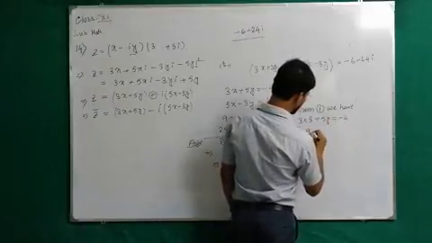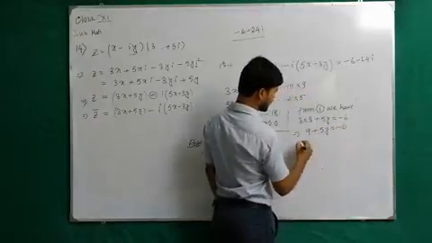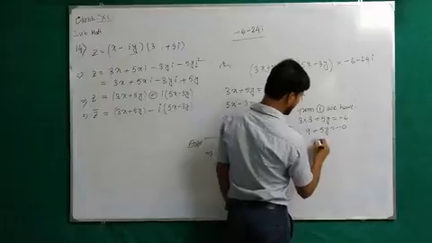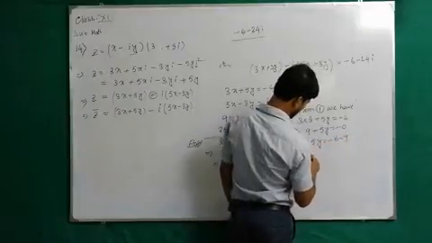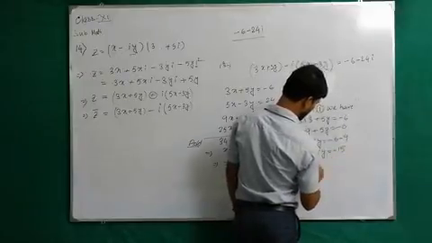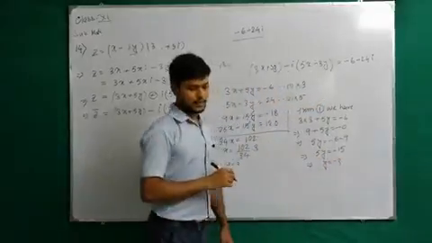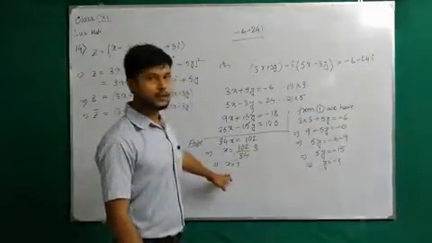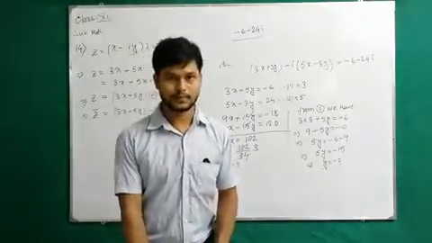That means 9 plus 5y is equal to minus 6. That means 5y equals minus 6 minus 9. That means 5y equals minus 15. That implies y equals minus 3. That means the value of x equals 3 and the value of y equals minus 3, and hence solved. Okay?